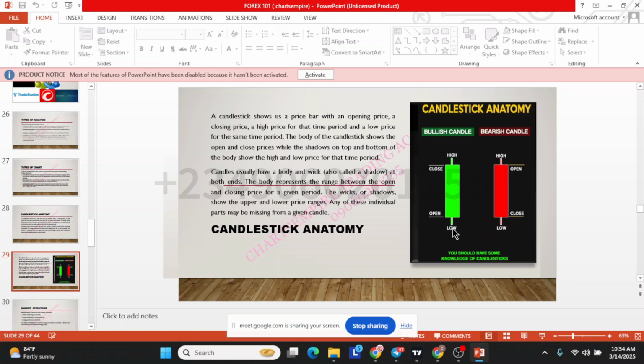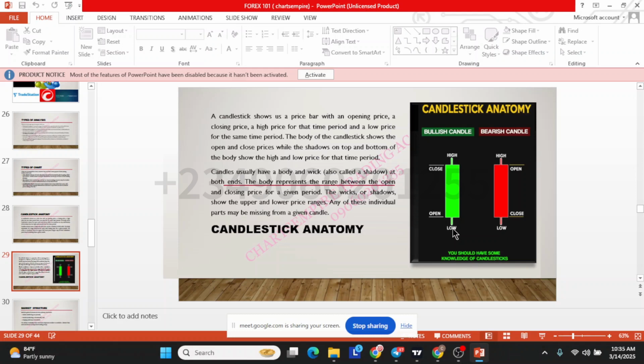The only similarity between a bullish candlestick and a bearish candlestick is that they both have their high and low at the same point. The high is at the top and the low is at the bottom. What differentiates them is their open and close. The bullish candlestick opens at the bottom, the bearish opens at the top.